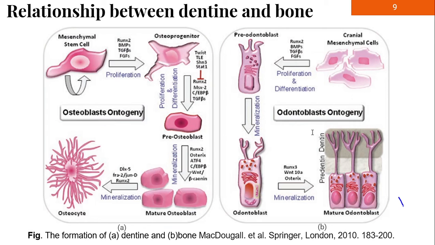You can see in the two following figures, their composition and their construction are nearly the same, and both bone and dentin are composed of the collagen matrix, mainly type 1 collagen, and a mineral phase with hydroxyapatite crystals. However, the relative proportion of these components may be slightly different.